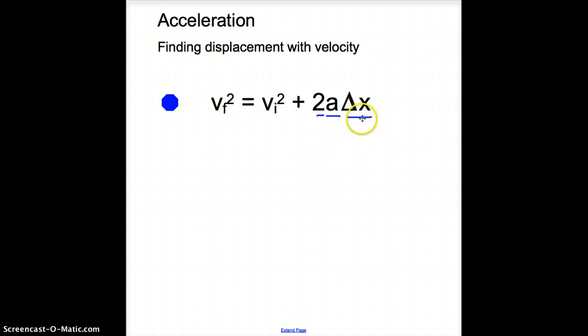Now we learned in class the other day that change in x is my displacement. Change in x is going to be my displacement. So I'm going to use this formula when I'm trying to find acceleration or I'm trying to find velocity when I have displacement. Notice what we don't have. We do not have, in this formula, time.